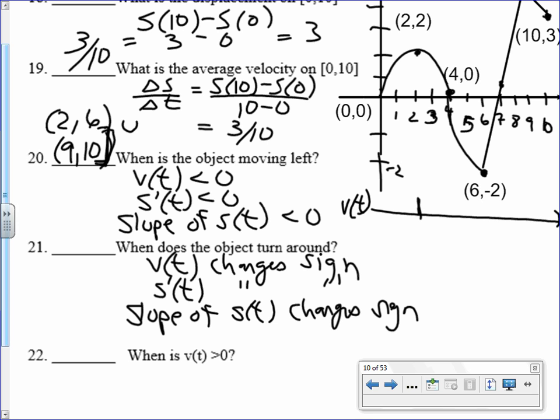So the velocity, the slope, is positive from 0 to 2, negative from 2 to 6, positive from 6 to 9, and negative from 9 to 10.